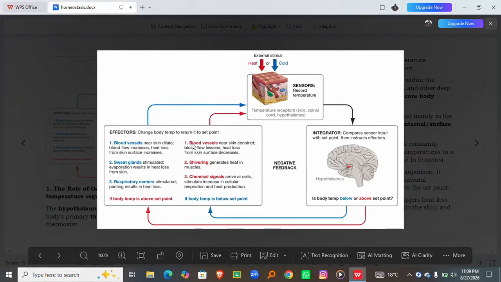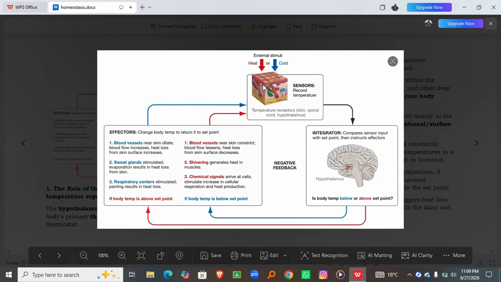So here you realize that we have an external stimuli. It could be heat or it could be the cold. There is a sensor. The sensor tries to sense the temperature, and we've talked about this as the temperature receptors in the skin, the spinal cord, and the hypothalamus. So the red arrow is showing increase in heat.